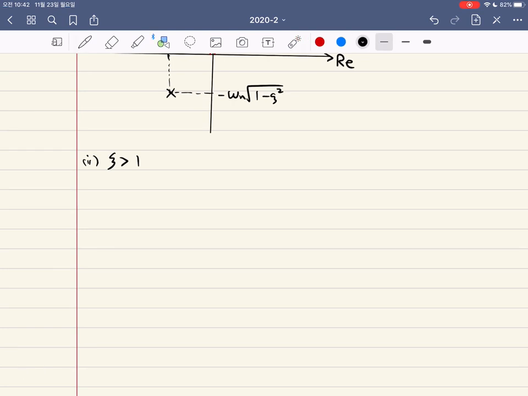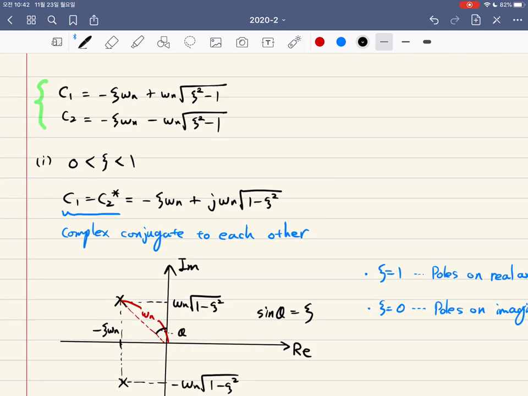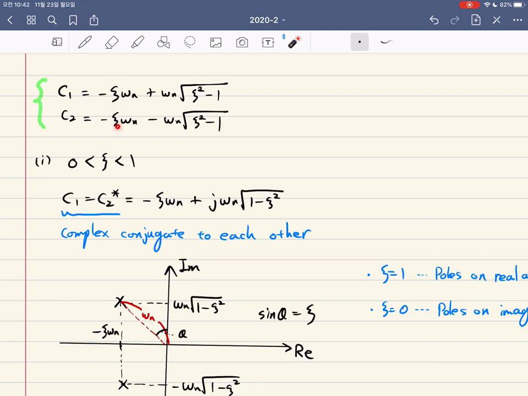That means your two poles are both located on the real axis, and from the standard point, your first pole is increased by this amount and your second pole decreased by the same amount.